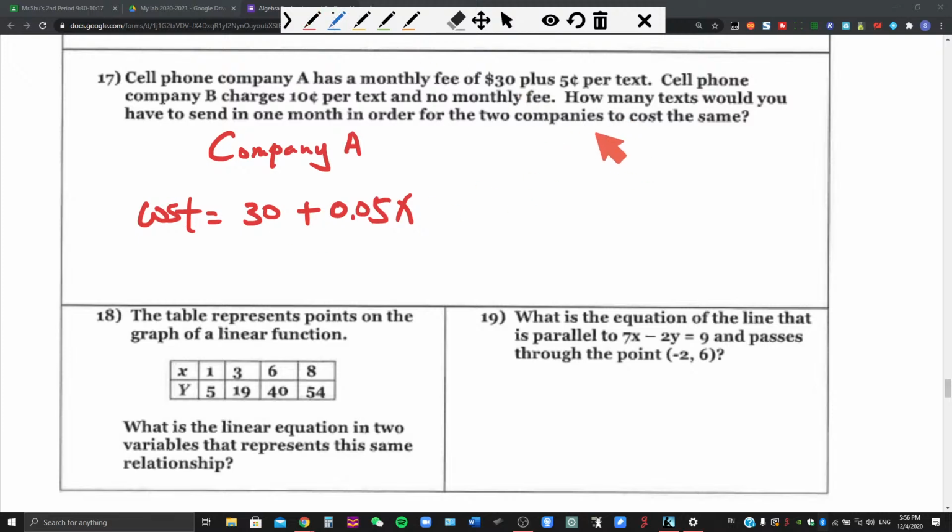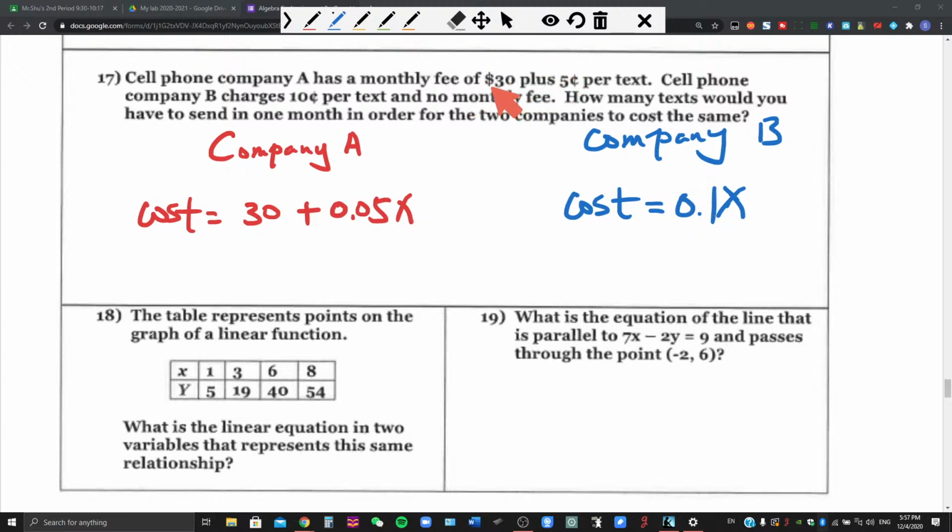And for company B, the cost will be 10 cents. That's $0.1 times the number of texts. And there's no monthly fee. So it's just 0.1 times x. And make sure you're using the same unit. Okay?